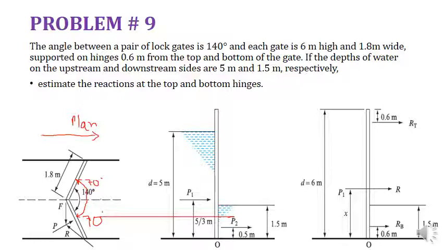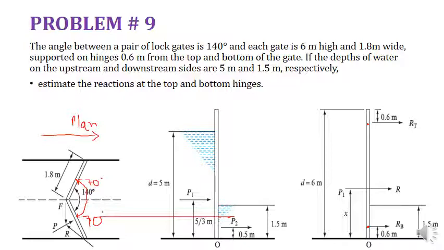Supported on hinges 0.6 meter from the top and bottom of the gates. So those are supported at the hinges. Here you can see one hinge located over here, and one hinge located over here. From the top of the gate, the distance of the top hinge is 0.6 meters, and from the bottom this distance is 0.6 meters.